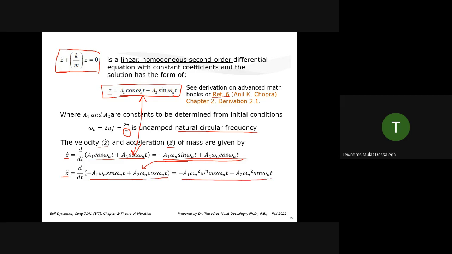So now we know that the solution of this differential equation is given by this z, the displacement time history. At any time t, we can find where the displacement is. If you know the displacement history, getting the velocity and acceleration is easy. You just take the first derivative and second derivative of the displacement.